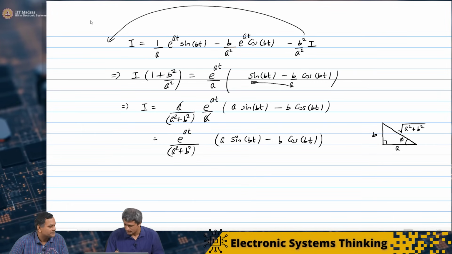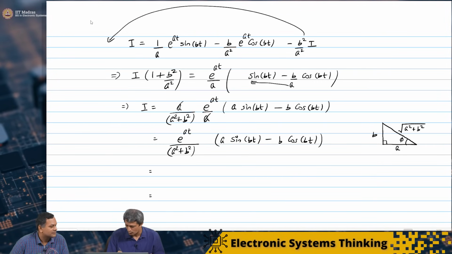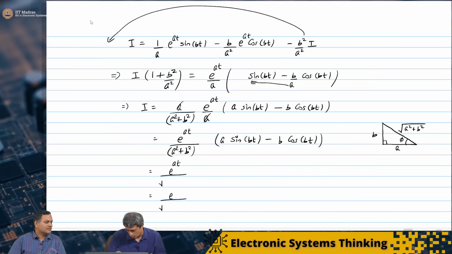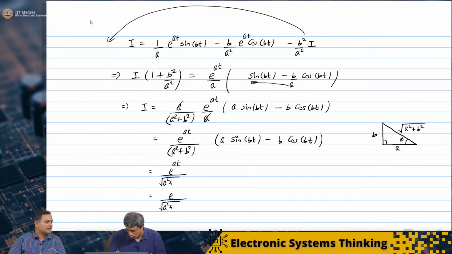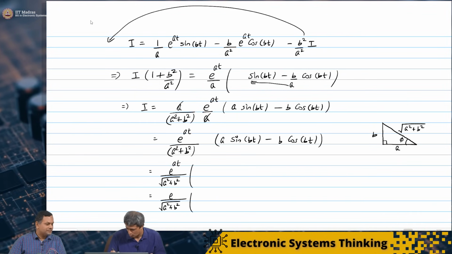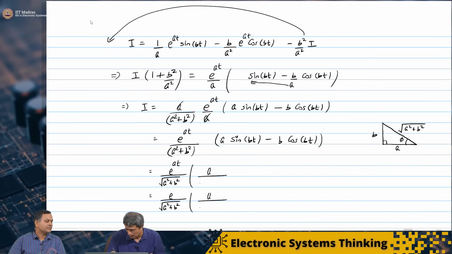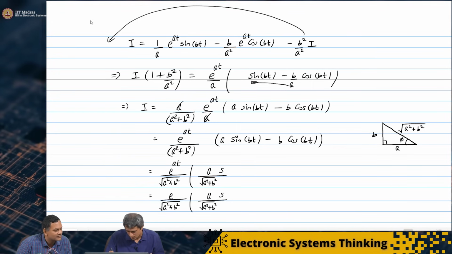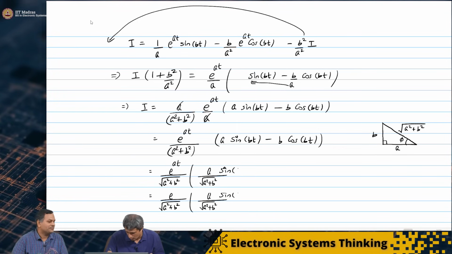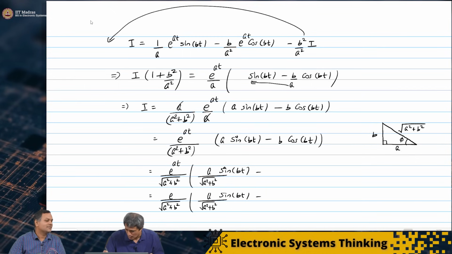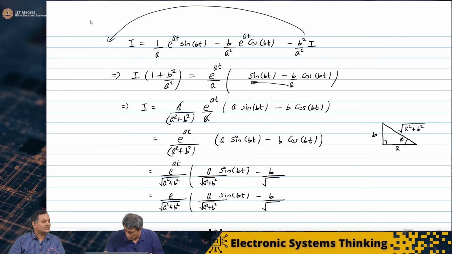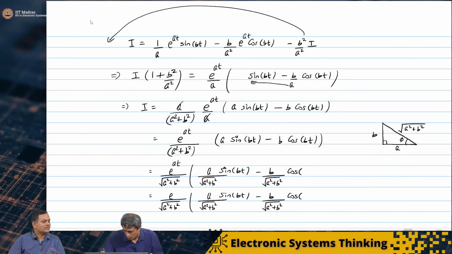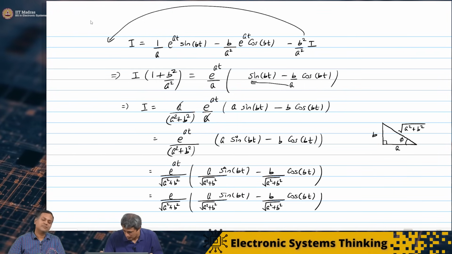So what I'll do is split this as e power a t by root of a squared plus b squared, into a by root of a squared plus b squared sine of bt, minus b by root of a squared plus b squared cos of bt.